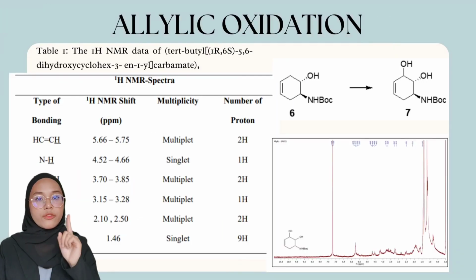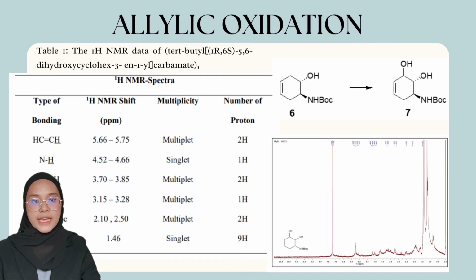I start with the first reaction, the allylic oxidation reaction. In this reaction, dry ethanol was used as a solvent and selenium dioxide was added to serve as a selective allylic oxidant agent. From the table, the 1H-NMR spectrum shows the presence of two protons bonded to an alkene group which resonate as a multiplet at 5.66 to 5.75.